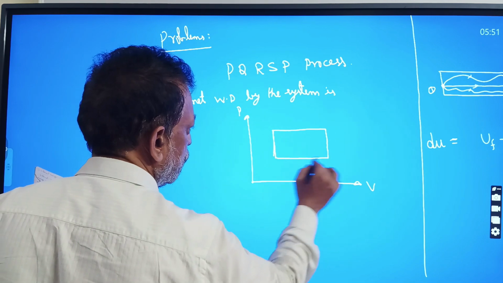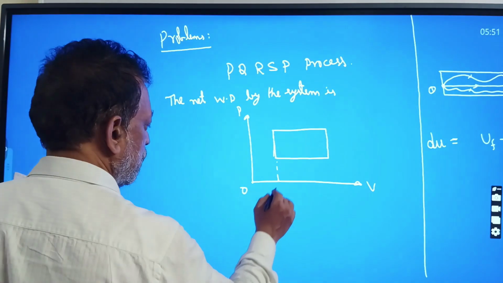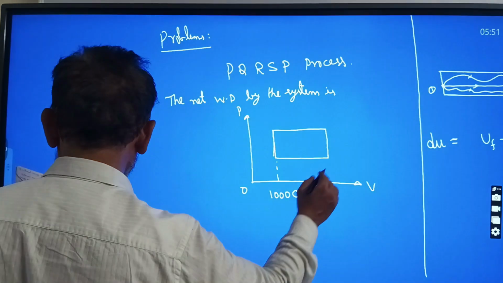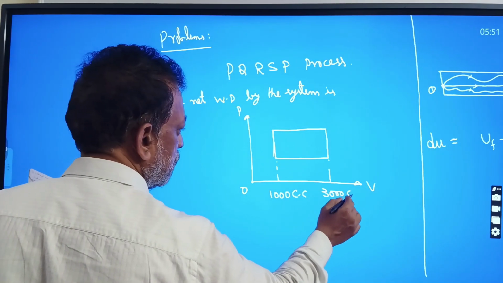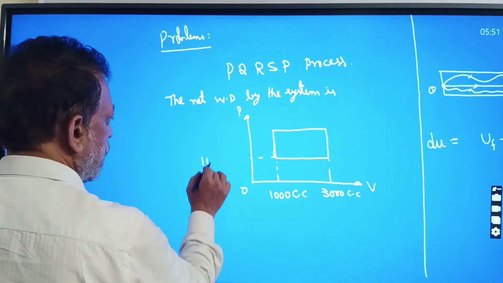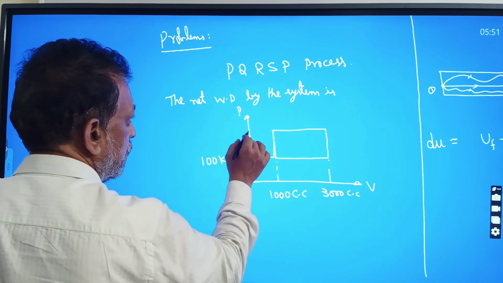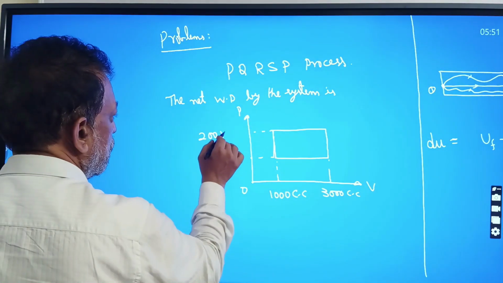Now, this is 1000 cc, where cc stands for cubic centimeter, this is 3000 cc, and this is 100 kilopascal and this is 200 kilopascal.